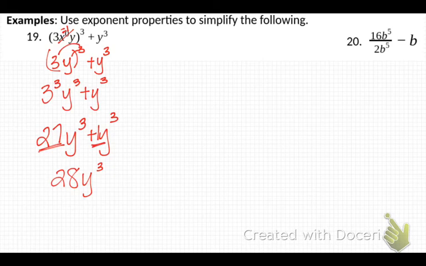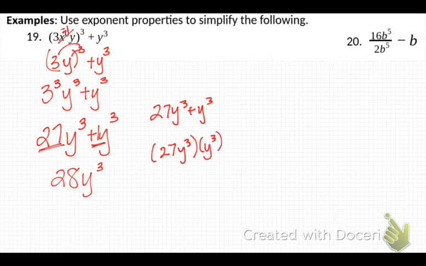Somebody in my last class asked me a really good question, and I wanted to share it with you. What's the difference between this and this with the parentheses like that? Can you guys tell me what is the difference between those two things? One is being multiplied. The top one, which is what we had, is being added. So that means I have 27 units, and one more unit is 28 units.